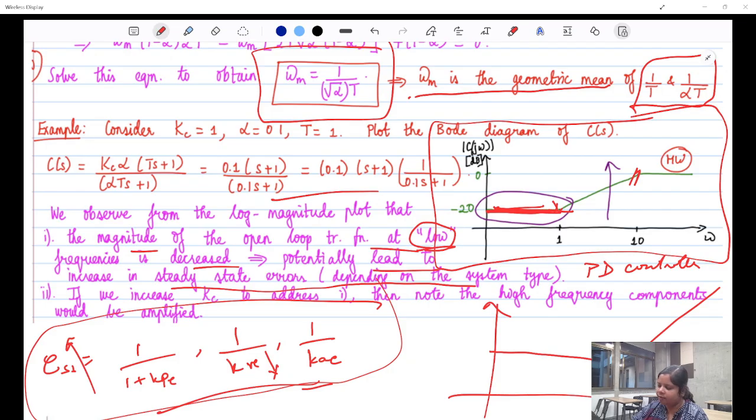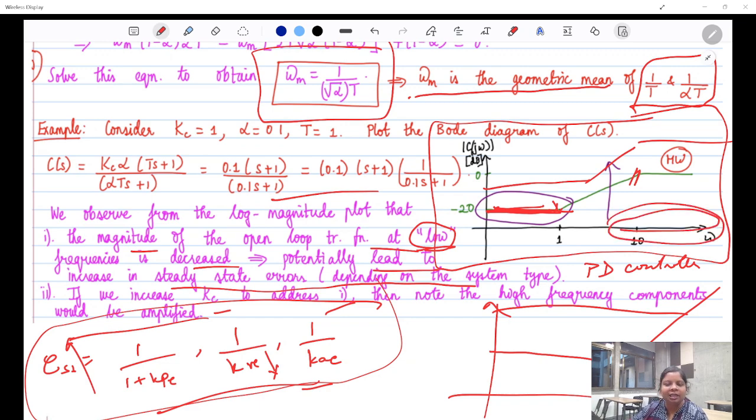Apart from this, if we increase Kc to address that, if we increase the value of gain so that steady state error becomes less, then what would happen? Note the high frequency components would be amplified. If you increase the value of Kc, your graph would shift here. Now these high frequency components would be even more amplified, and what are these high frequency components usually?